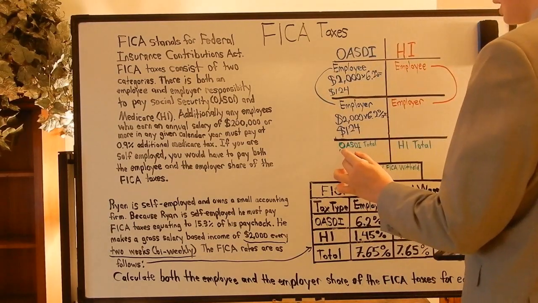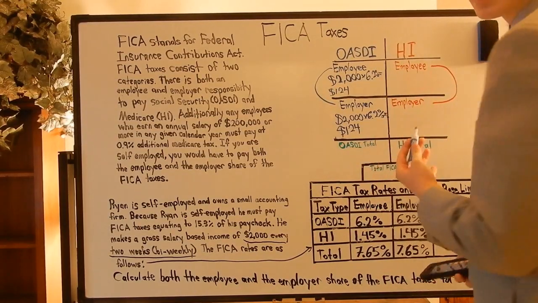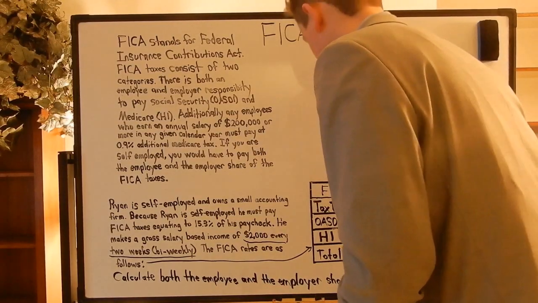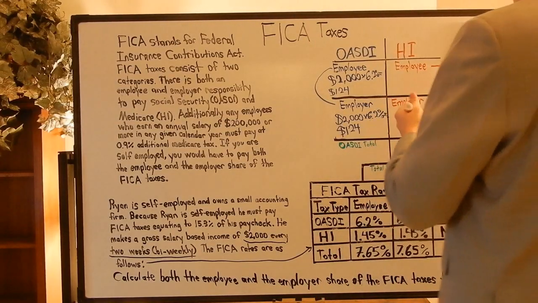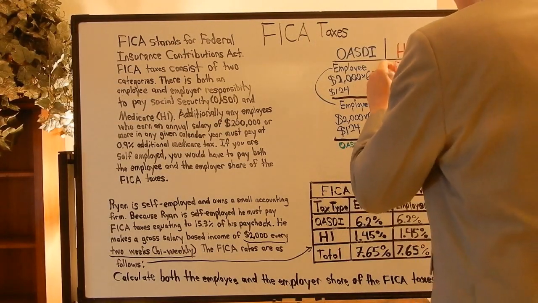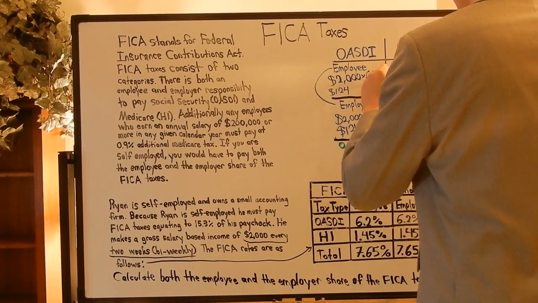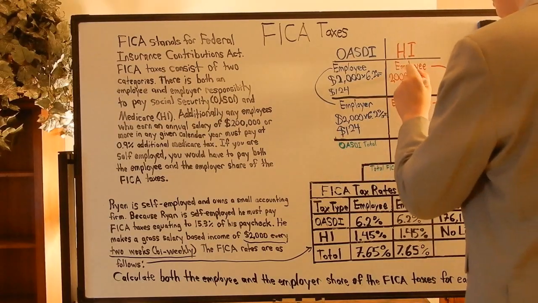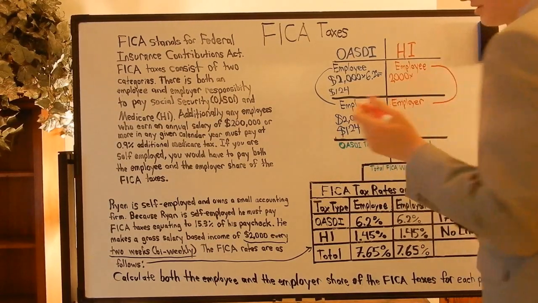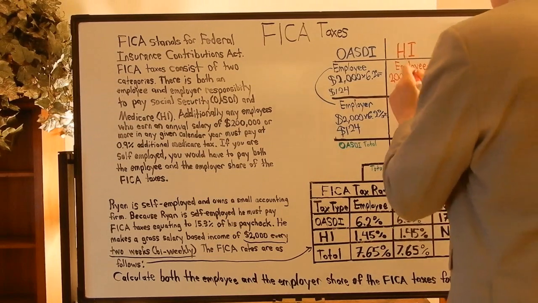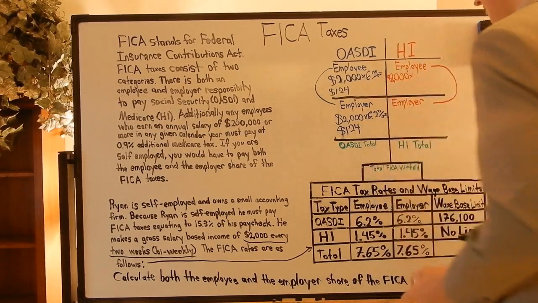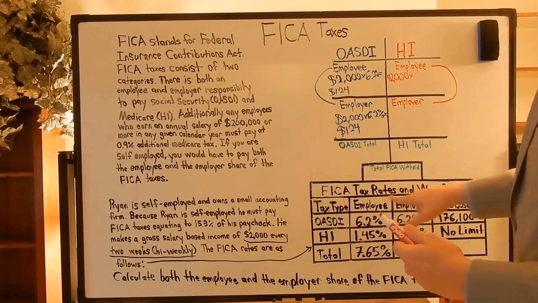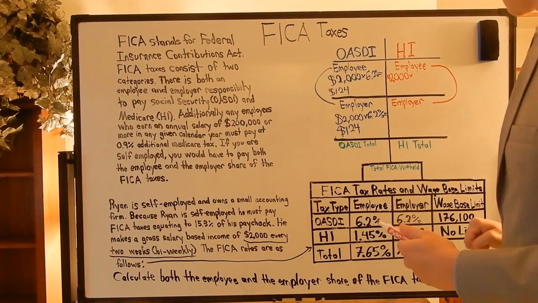Now, before we add together the OASDI total, I want to take the opportunity to come over here to the HI portion. Now, for the HI portion, you take 2,000, which is your gross biweekly salary, since you were paid every 2 weeks, $2,000 times, and oh, I forgot to point out, these are the FICA tax rates and the wage-based limits.